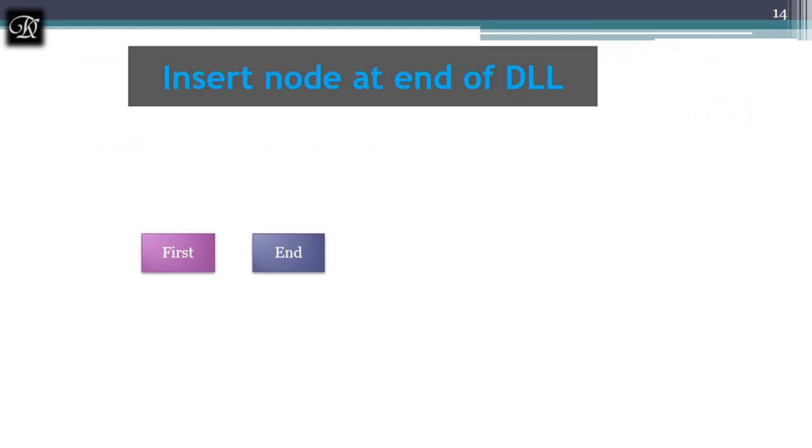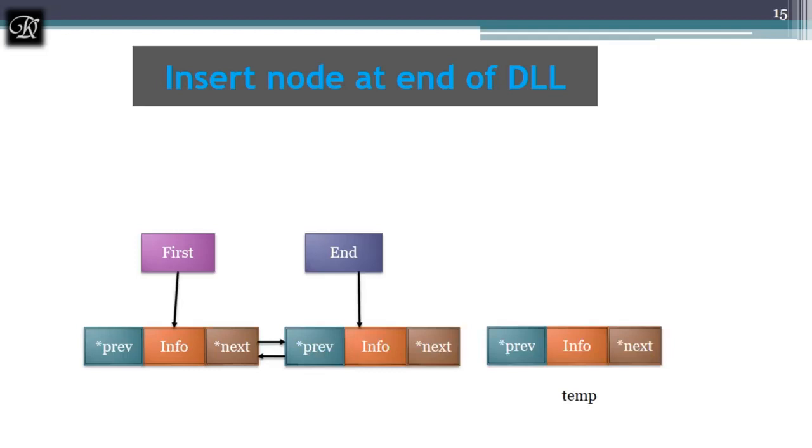Next, how to perform insert at the end of the doubly linked list. Again, here also we have two cases. The first case is when the list is empty. When the list is empty, whatever brand new node we have created is itself called the first and end of the doubly linked list. The second case is where we have more than one node in the doubly linked list, and we want to insert the brand new node temp at the end.